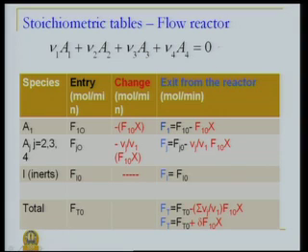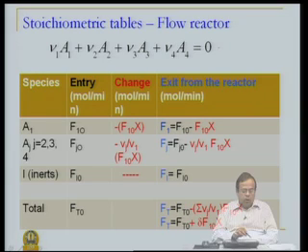Let us say the reaction involves 4 species. So, nu1 A1 plus nu2 A2 plus nu3 A3 plus nu4 A4 equal to 0 is my reaction. I have a table here. The first column is the species, then the corresponding molar flow rate at the entry of the reactor, how much has changed in the reactor rather, and what is at the exit of the reactor.